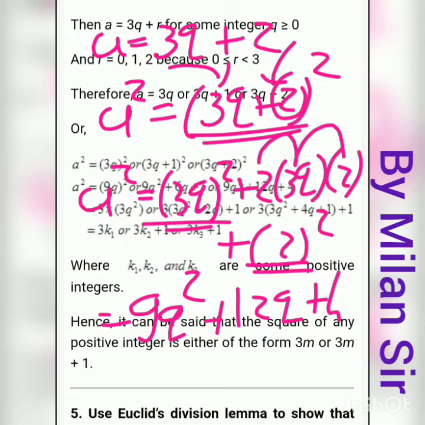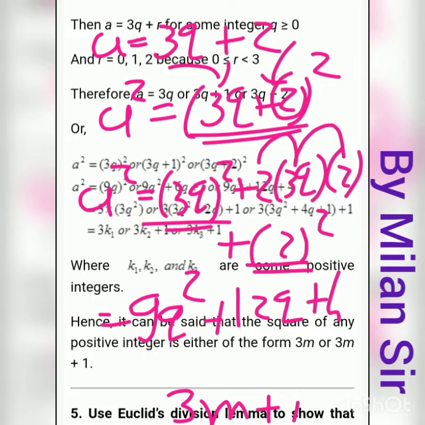Here we cannot get 3q, because from the last term we cannot take 3 as a common, because the last term is 4. If we could take 3 as a common, we would get the form 3k3. But here from the last term we cannot take 3 as a common, so we just need to try to get the form 3m plus 1.